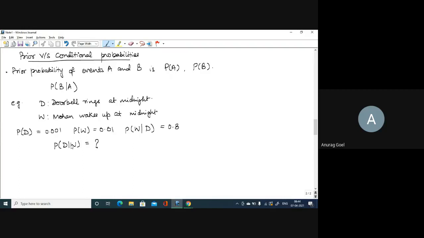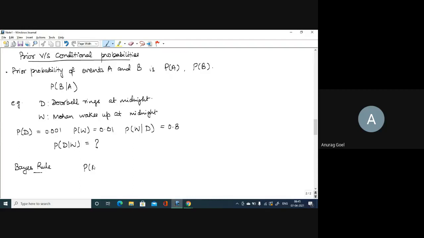We know the conclusion that Mohan wakes up at midnight, but we want to calculate the probability that he woke up because of the doorbell. So for this, we have something known as Bayes rule. Okay.